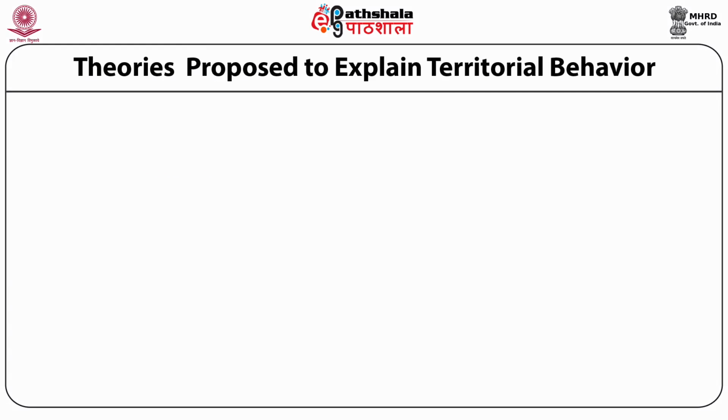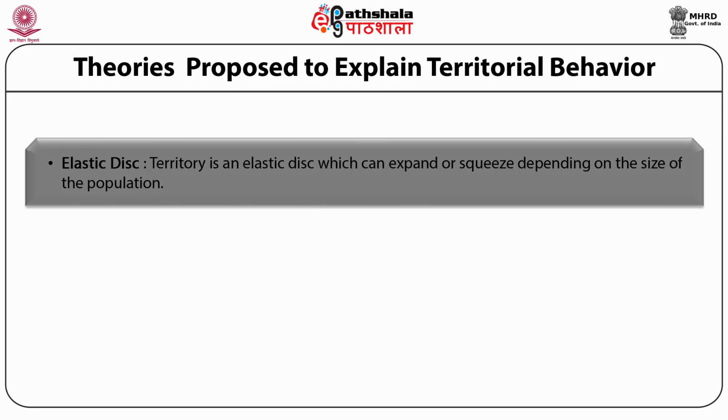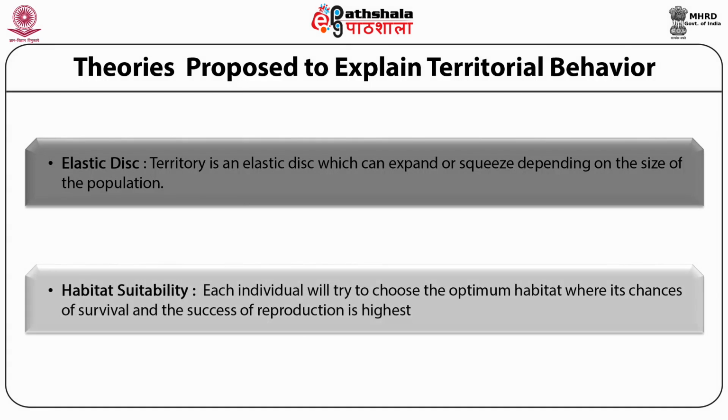A large number of theories have been proposed to explain the territorial behavior in individuals. The most accepted theories are the elastic disk theory and the habitat suitability theory. According to the elastic disk theory, territory is like an elastic disk that can expand or squeeze depending on the size of the population.